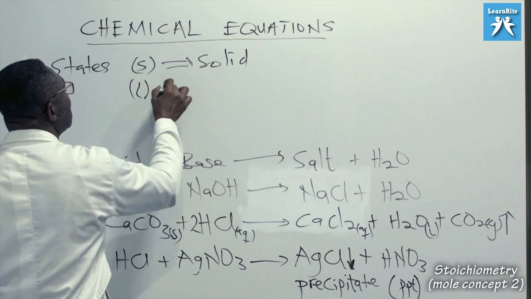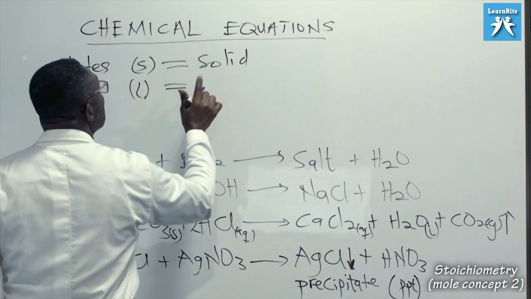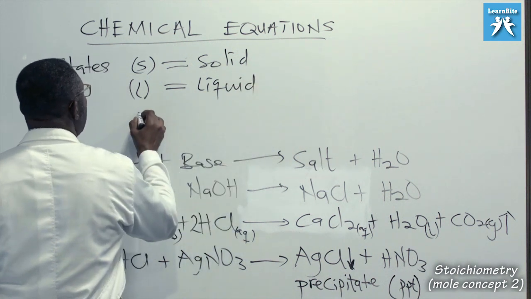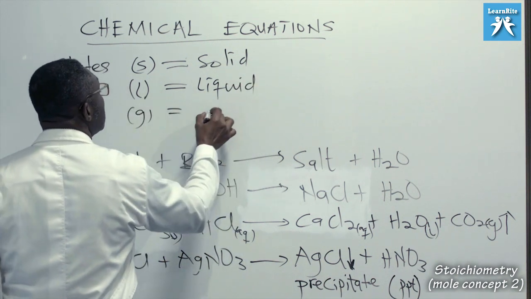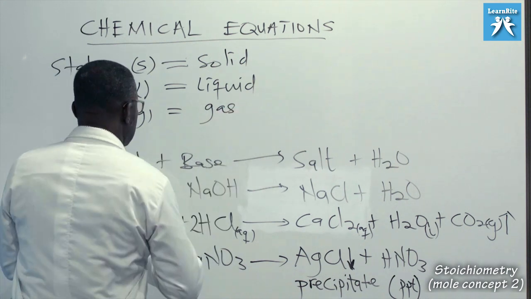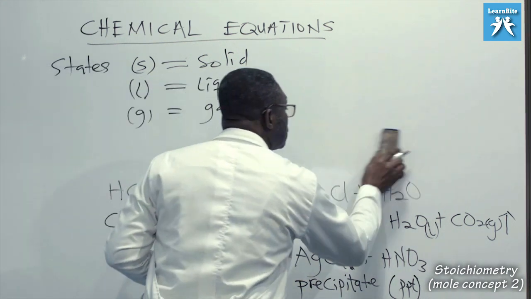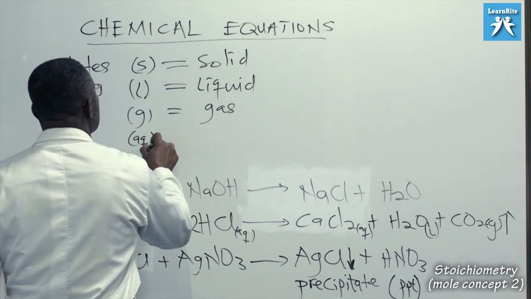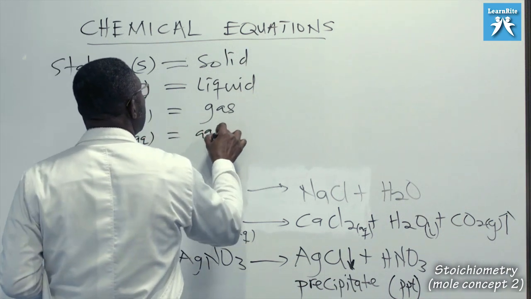L in brackets means liquid. And then we have G in brackets meaning gas. Then we have aq, meaning aqueous.